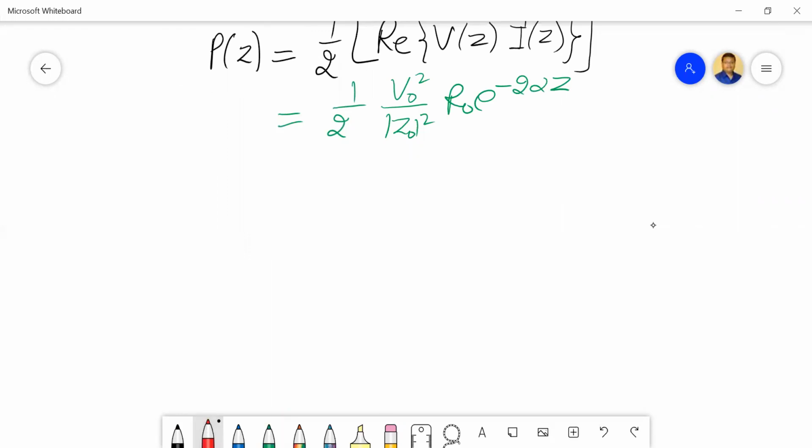Now let us recall a very basic thing, which is the law of conservation of energy.